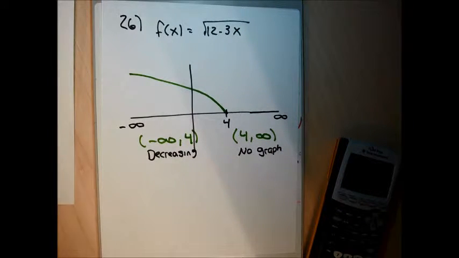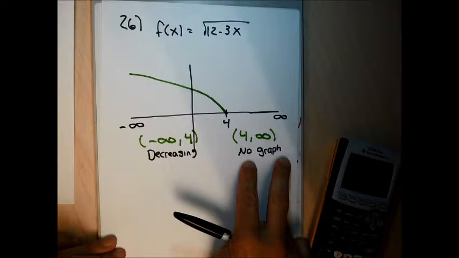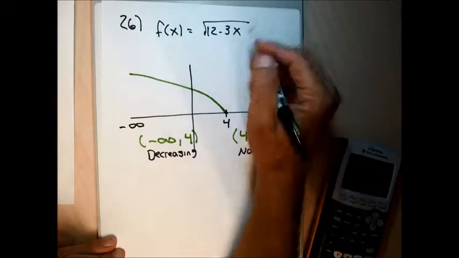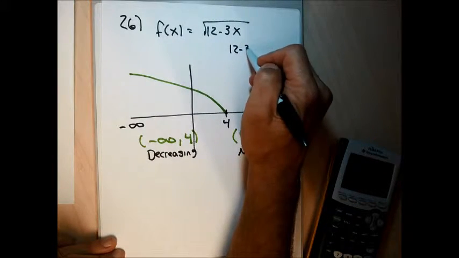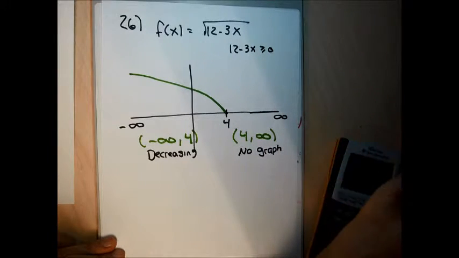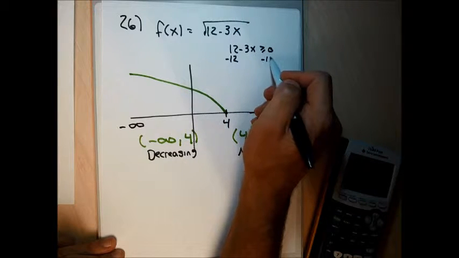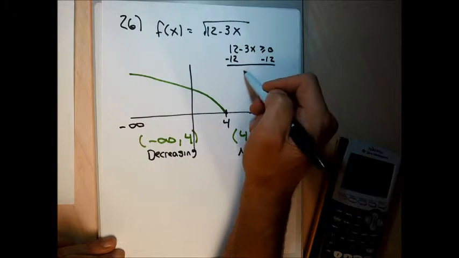So when I go to answer the increasing and decreasing parts for problem number 26, I'm going to say it's decreasing in this interval. I'm not going to make any comment about this interval because it's outside the domain of the function. If I went to find the domain of this, I'd go 12 minus 3x is greater than or equal to 0. To find the domain of a square root, you set the argument greater than or equal to 0. I'd solve for x by subtracting 12 from both sides.